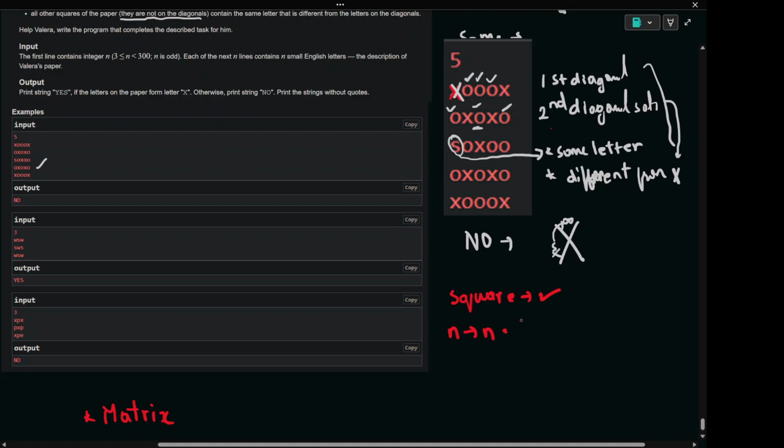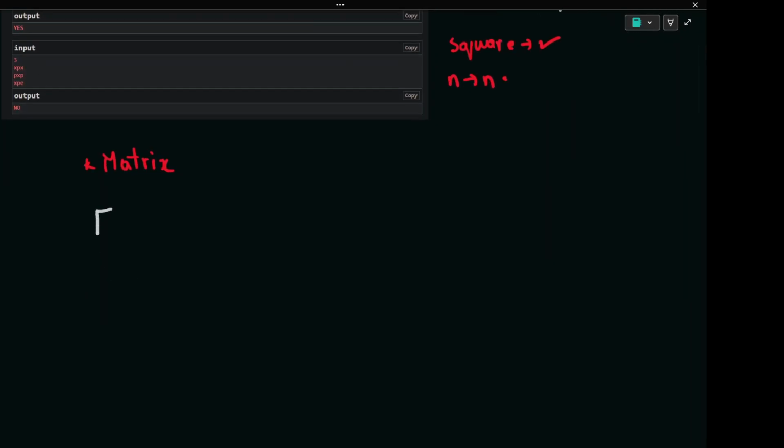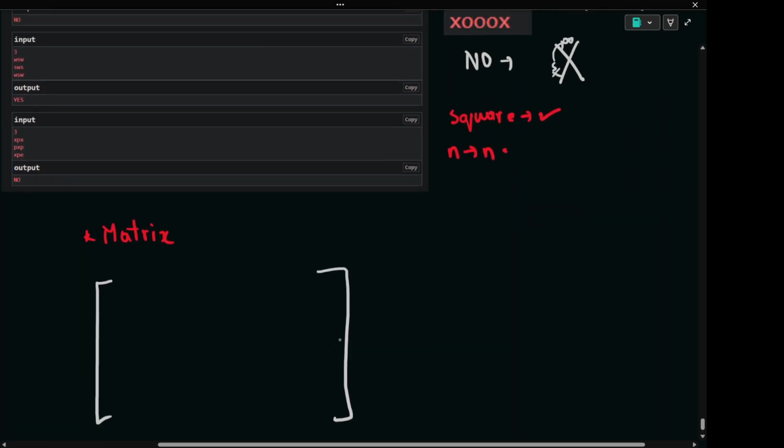Yeah. So then we need to input the string 5 times based on the number given. Perfect. So once you input that, what you're going to do is build a matrix out of those strings. Correct? That's what you mean, right?